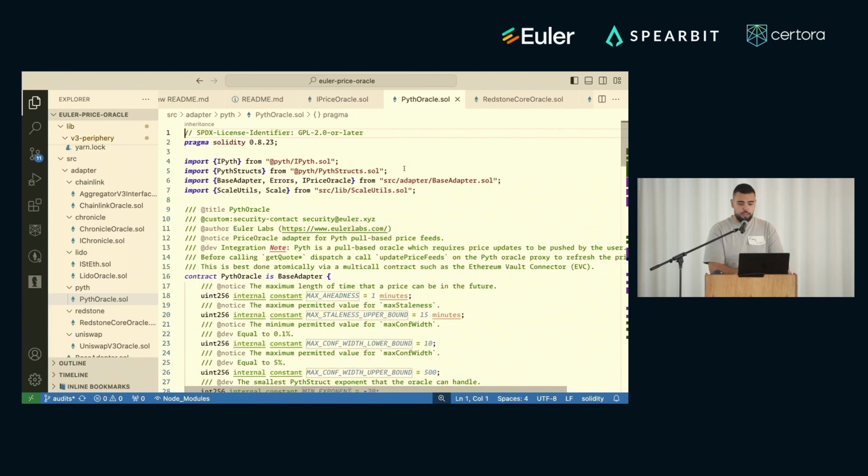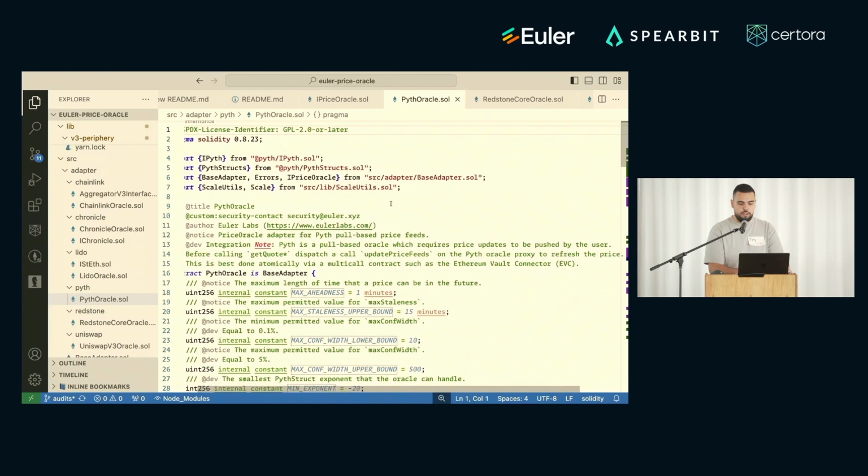By contrast, a pool-based oracle does not give you an automatic guarantee about the freshness of the price, but in fact you have to basically fetch the price yourself and feed it on chain with your transaction, and so the update flow becomes a concern of the user, and so that makes integrating something like this potentially more sensitive.